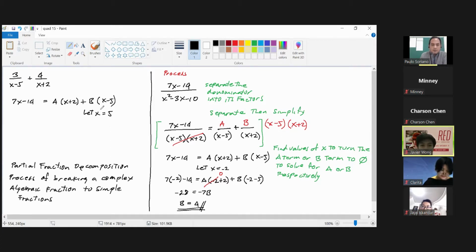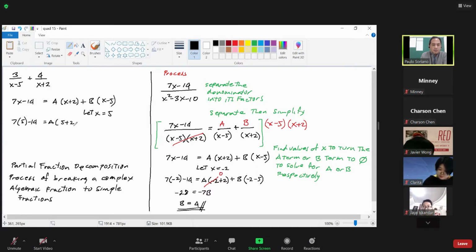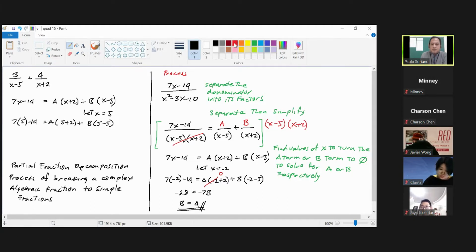If we do that, same: 7 times 5 minus 14 equal to A times 5 plus 2, plus B times 5 minus 5, which again becomes 0. Which gives us now 21 equal to 7A, which gives us A equal to 3.